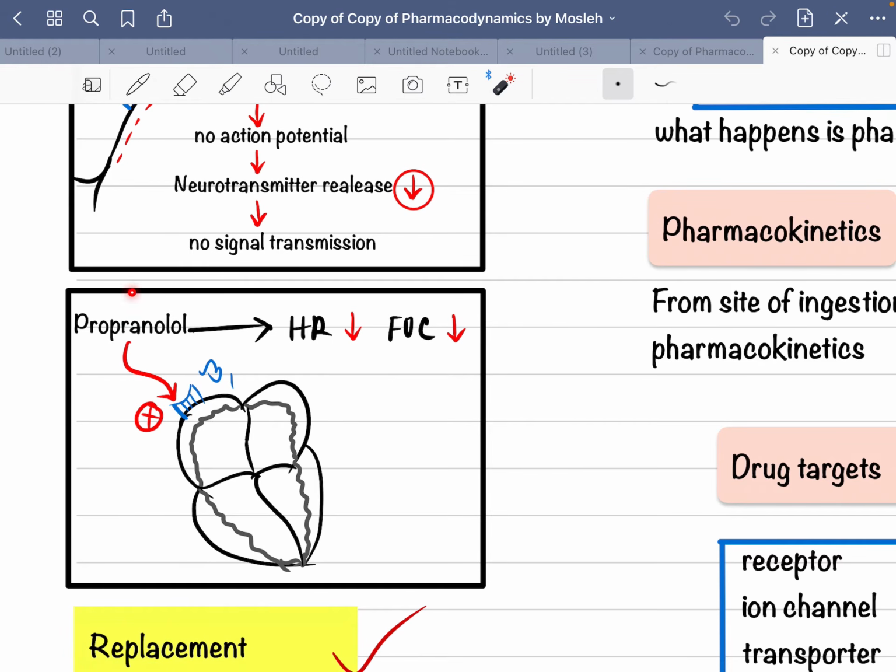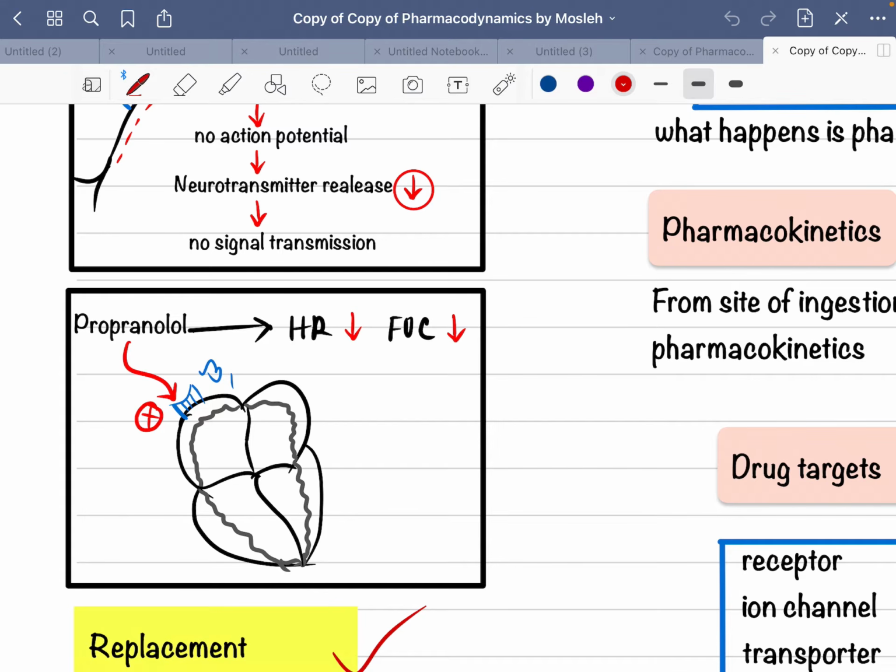Now look at propranolol. It is also an inhibitory effect of a drug. If we give propranolol, it will block the beta 1 receptor of the heart. You know that our autonomic nervous system is composed of two arms, the sympathetic arm and the parasympathetic arm, and our sympathetic nervous system is continuously synthesizing adrenaline and noradrenaline.